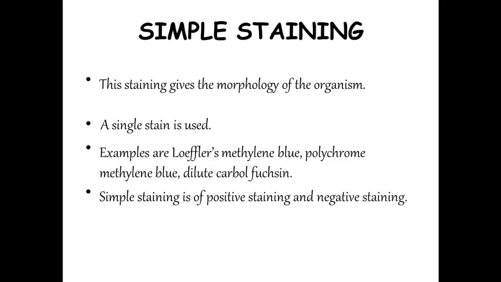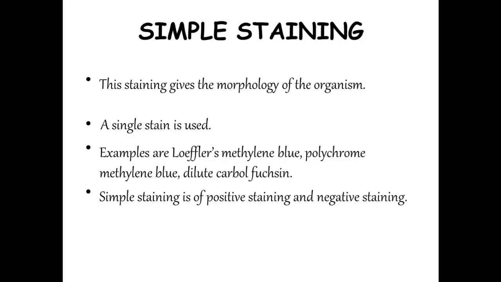Simple staining helps you in identifying the morphology of the organism, that is the size, the shape and arrangement of the organism. And why is it called a simple stain? Because only a single stain is used which will impart color to the bacterial cells.